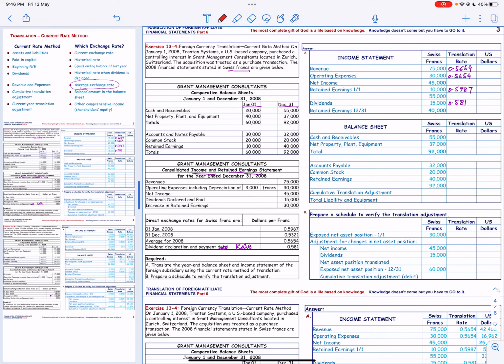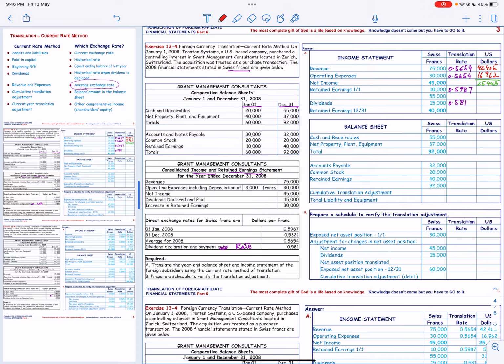So 75 times 0.5654 is 42,405. Average exchange rate is 30,000 times 0.5654 is 16,962, and revenue and the net income will be 25,443.